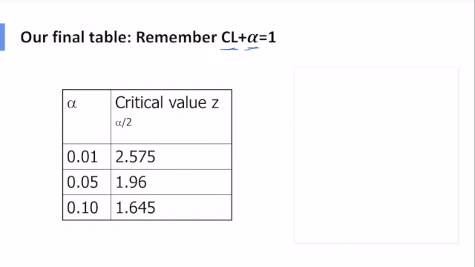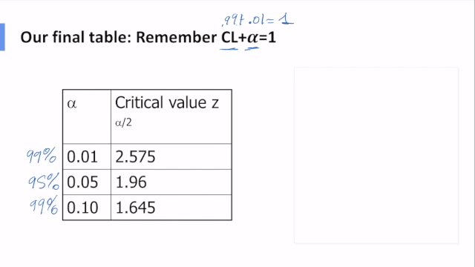So if I want to construct a 99% confidence interval, alpha is going to be 0.01. If I want to construct a 95% confidence interval, alpha is going to be 0.05. And if I want to construct a 90% confidence interval, alpha is going to be 0.10.